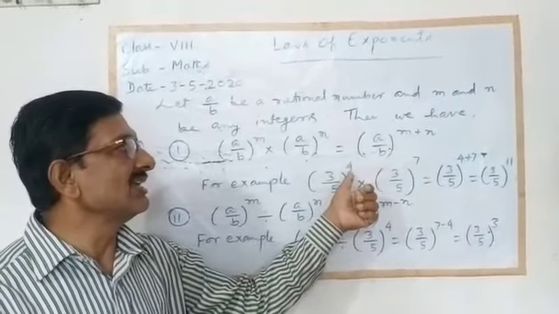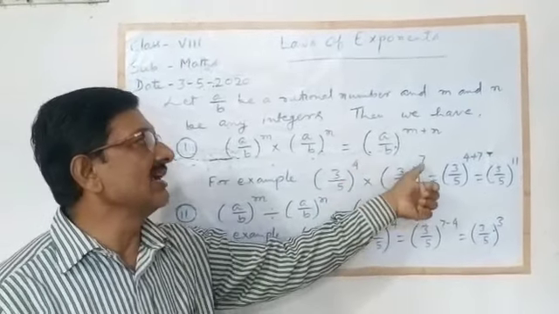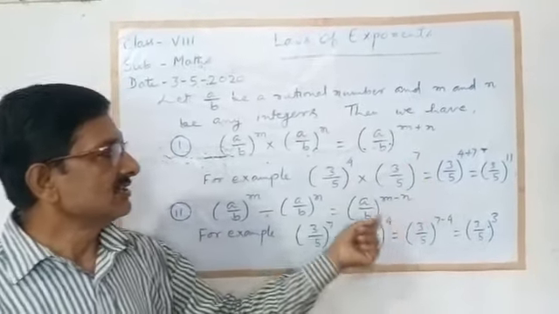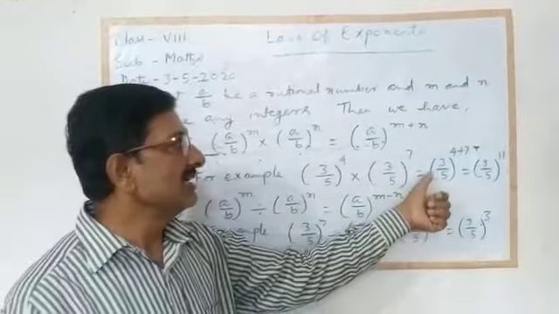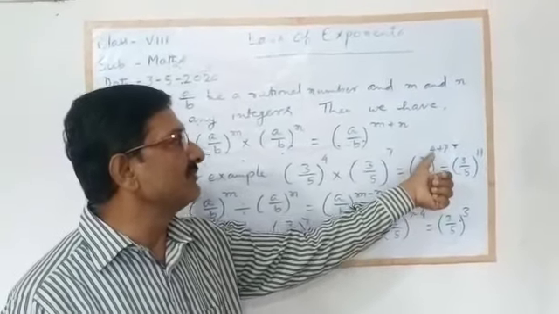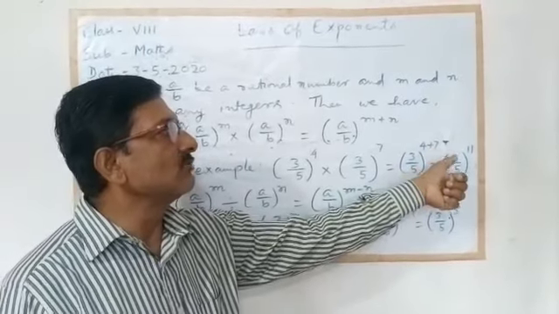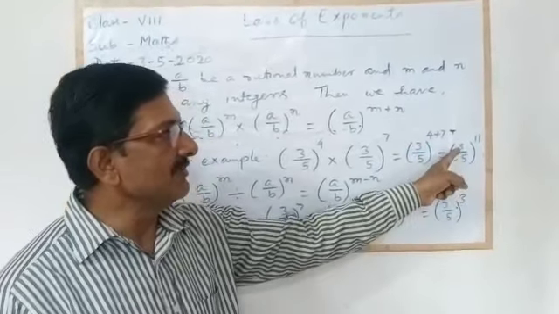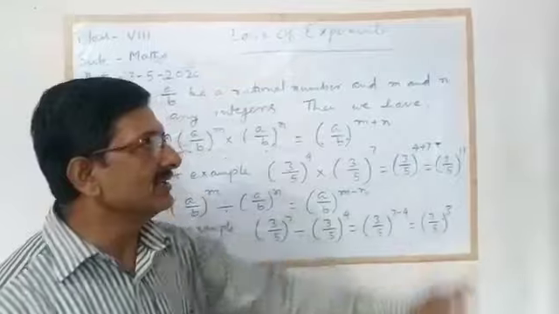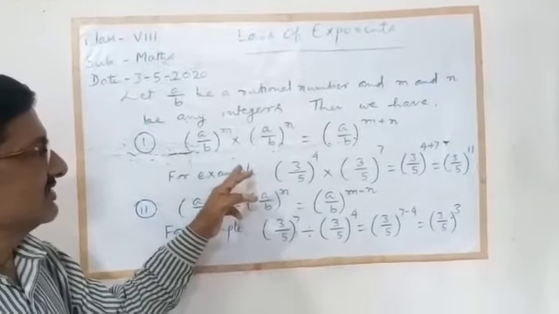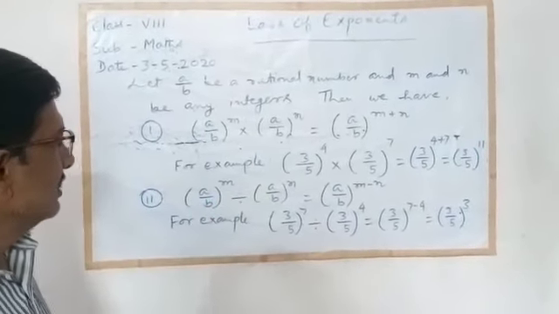Here the exponent is 4 and here the exponent is 7. So it will give you the result (3/5)^(4+7). 4 plus 7 will be equal to 11. So (3/5)^11. In this way we can solve any question.